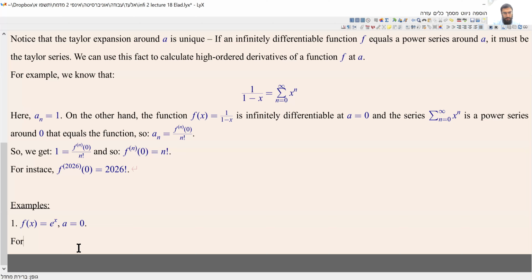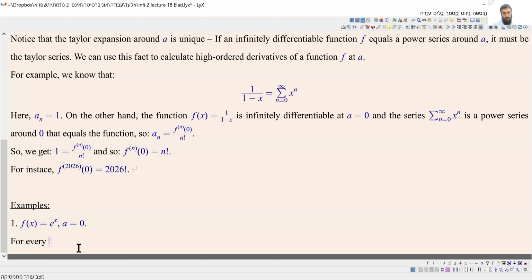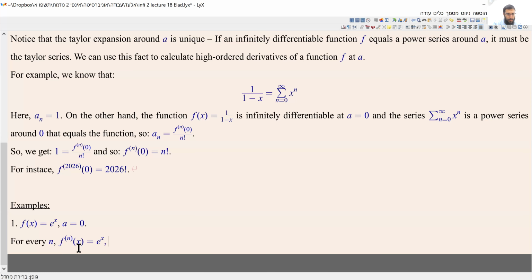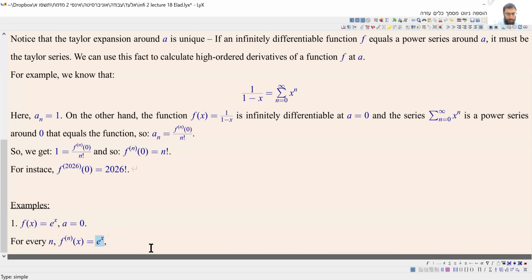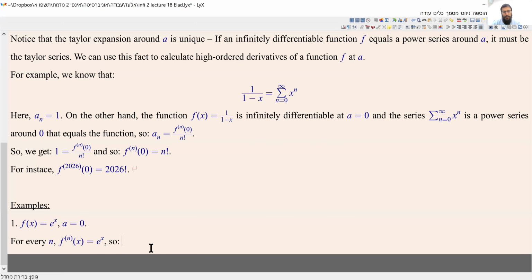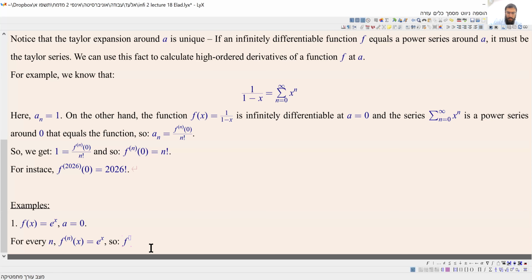For every n, the nth derivative of e to the power of x is just e to the power of x. So when we put x to be 0 here, we just get e to the power of 0, which is 1.